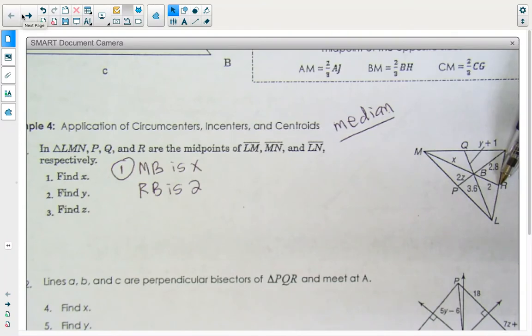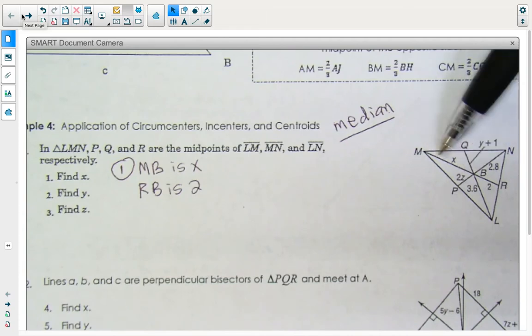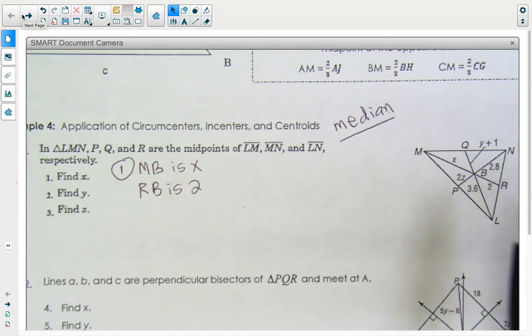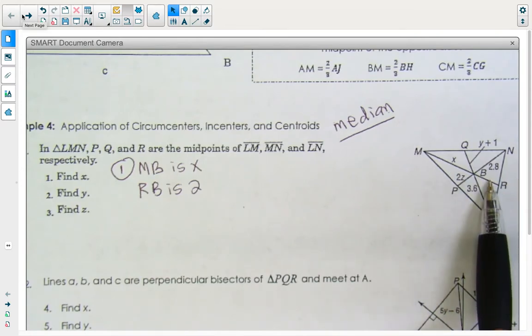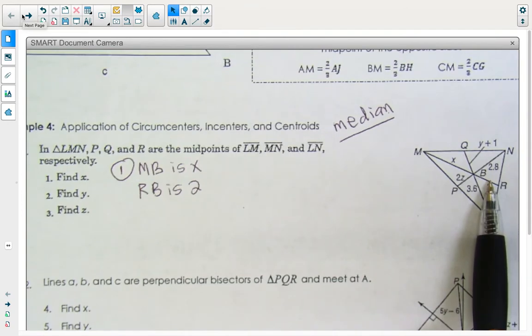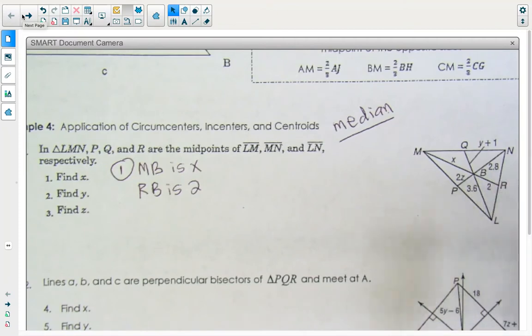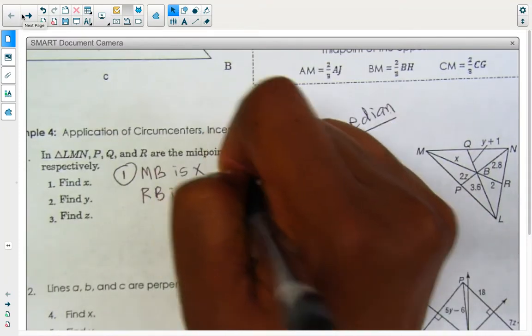Now I'm going to use the fact that my ratio is 2/3. So this longer side here is 2/3 of the whole entire side. So if this little section is 2, so if from here to here that section is 2, the other side is 2/3 more than that. So if I explain that a little bit better there, I know that my answer is going to be 4. Okay.